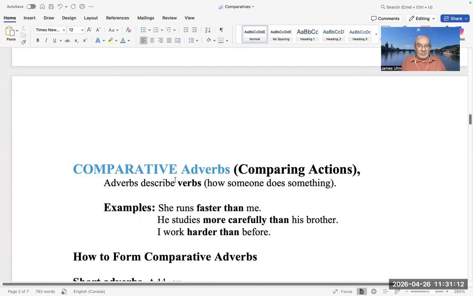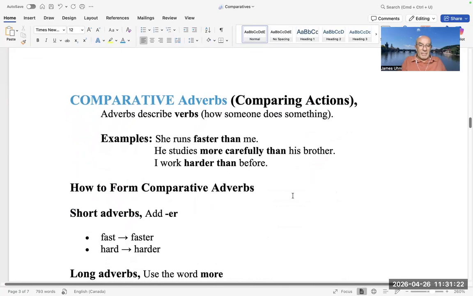Adverbs describe verbs, how someone does something. So let's see what the example tells us. She runs faster than me. We don't say she is faster than me. We say she runs faster than me.